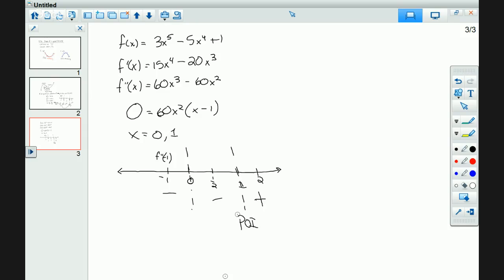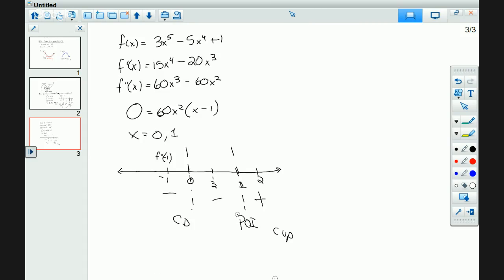Okay. Here, what's happening? Right there is a critical point, but it's not. Concave down. Concave up.